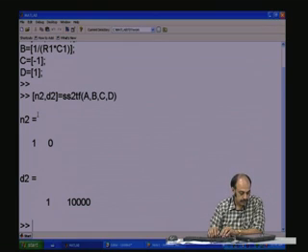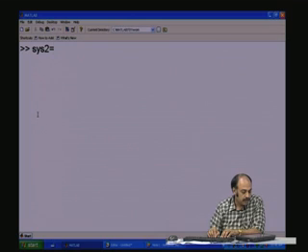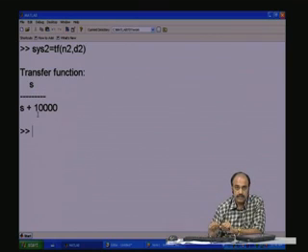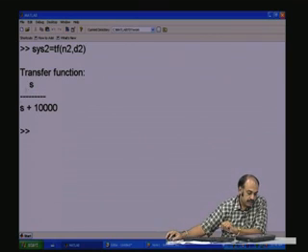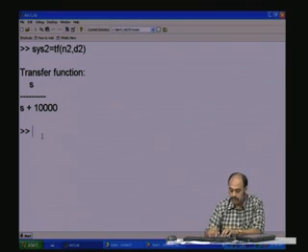Now, let us view it in a more friendly manner, that is, we define the transfer function of the system for the voltage across R by the input voltage with TF, numerator polynomial, denominator polynomial of what you just obtained, and this is what you see. This is S divided by S plus 1 by RC. 10,000 is 1 by RC.